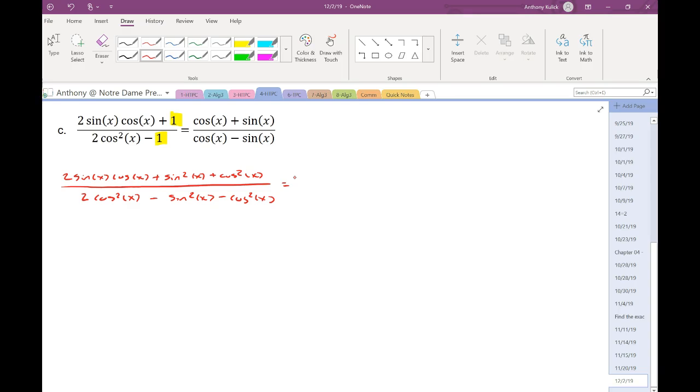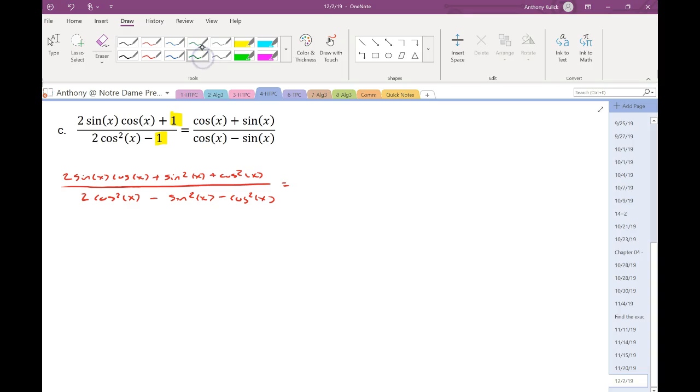Sine squared plus cosine squared. Yep. Not an obvious thing to do, right? At some point, you're going to have to do that if you elected to work on the left-hand side. If you worked on the right-hand side, you can avoid that. But we're doing it to what you asked, so that's what we're going to do.